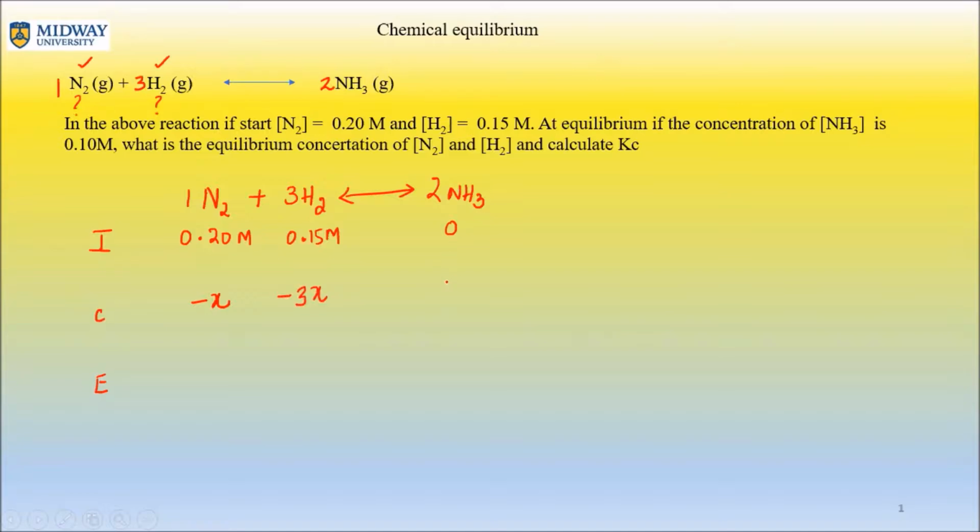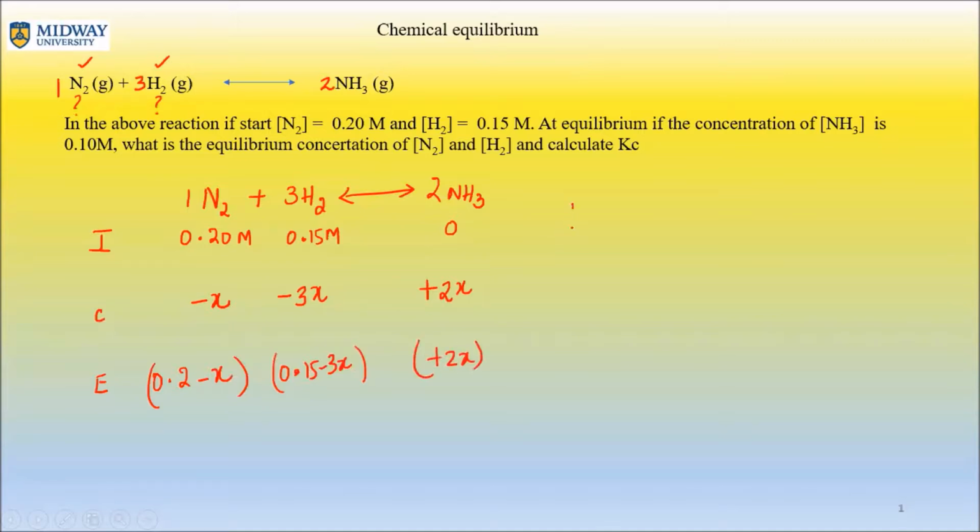Ammonia is a product, so it gets a positive X, but there's 2 of them, so it's 2X. So the equilibrium would be 0.2 minus X, 0.15 minus 3X. What it really means is this is losing 1 times, this is losing 3 times as much, and this is plus 2X.